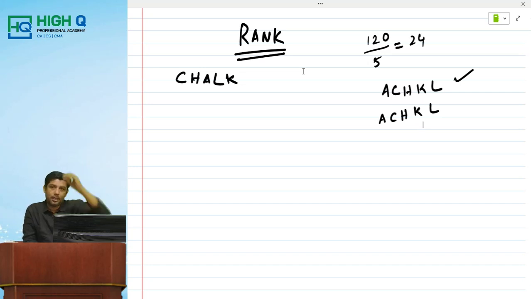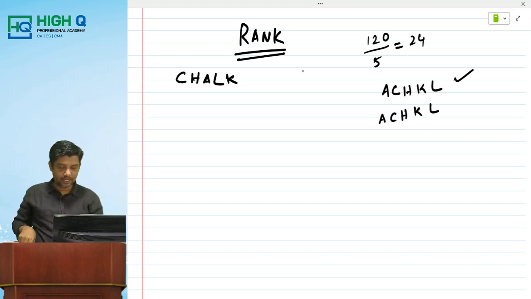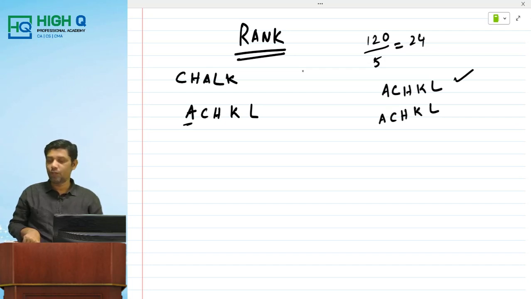Now listen here. At the same time, I am going to teach you 2 methods. Now look at this. First, arrange CHALK in alphabetical order. What will come? A. Now, what is the first letter? A. Do you want the first letter as A?